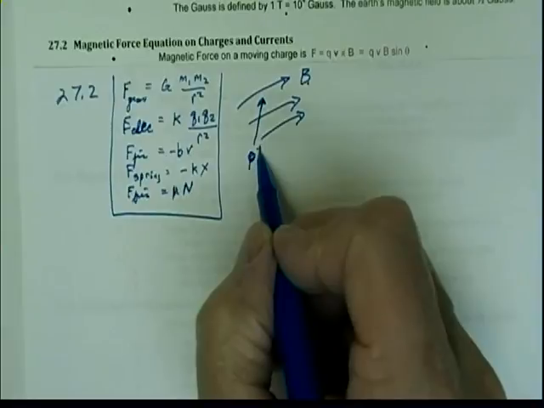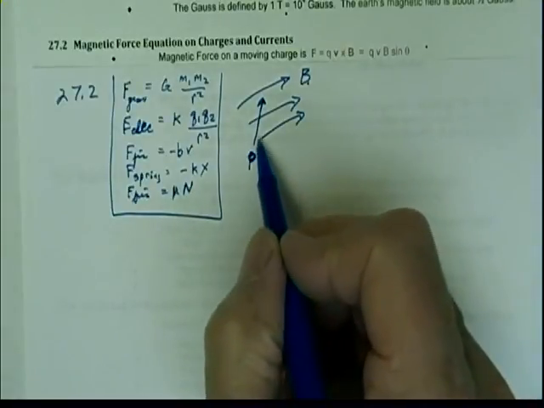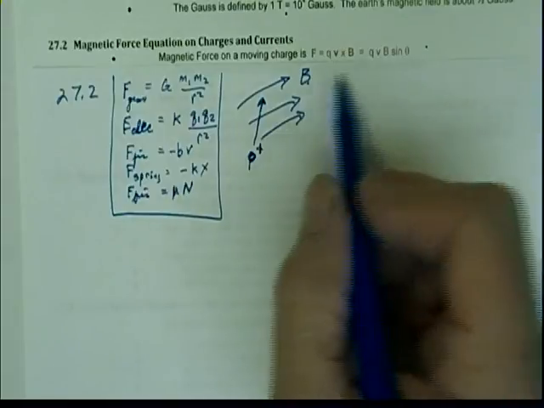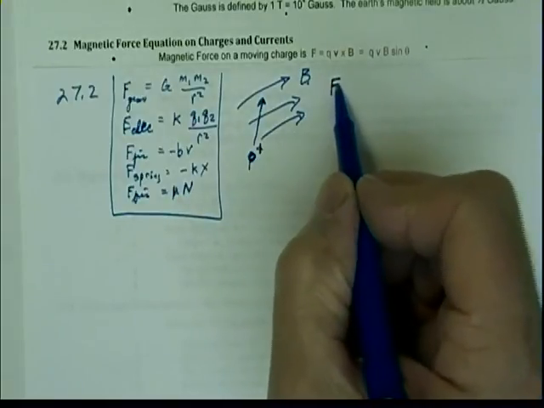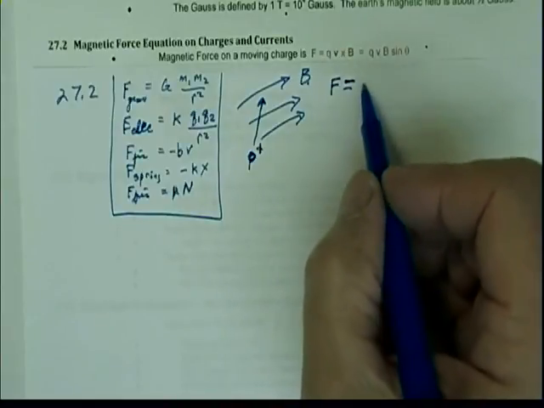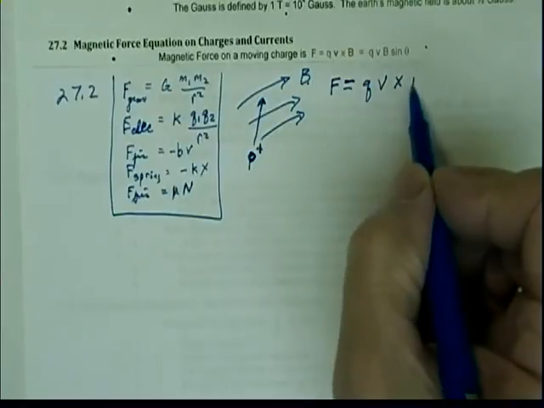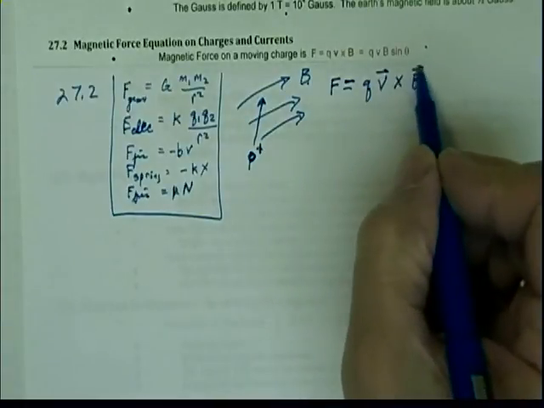We could have a proton. Let's imagine we have a proton that goes along here. That charge will experience a force. And what is that force? It's one of our core equations in this physics course. The force is charge times the velocity crossed the magnetic field.